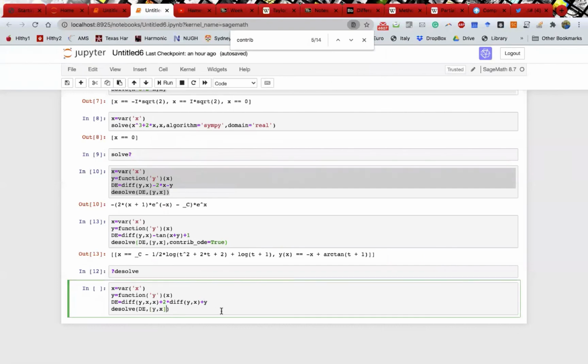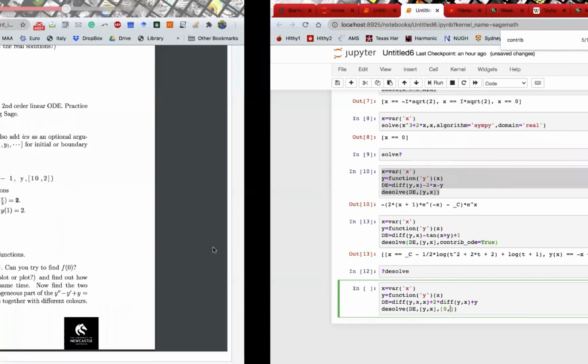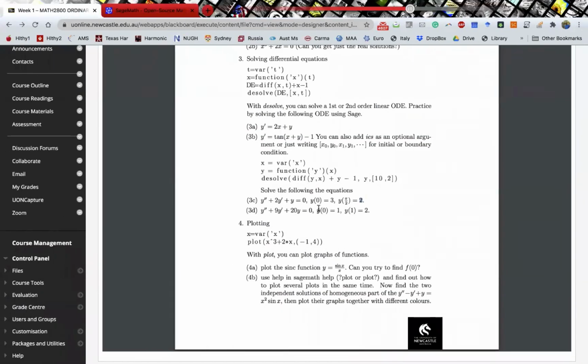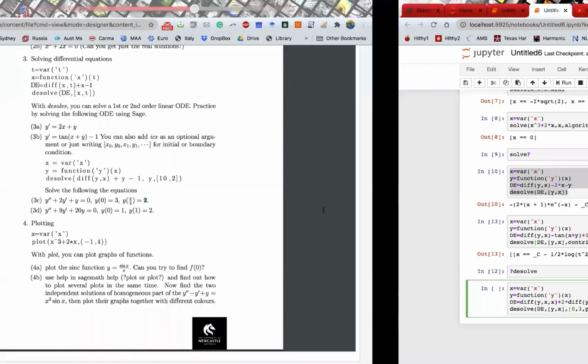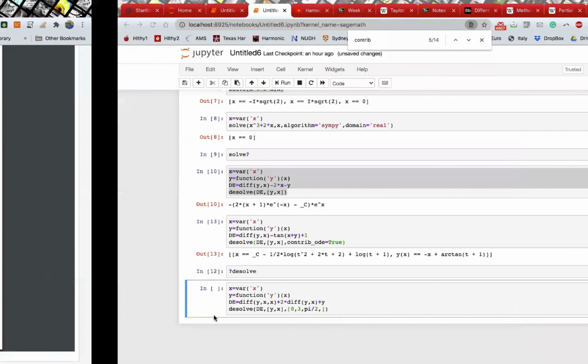I'll add this one. 0. What was that? 3. Pi on 2. 2.